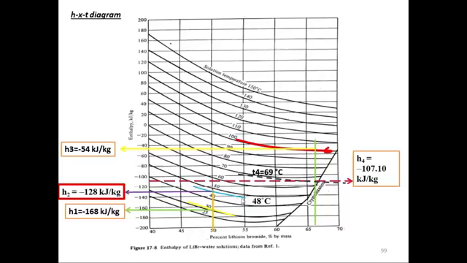So I draw this blue line representing 48 degrees centigrade, less than 50 and more than 40, so in between there. The concentration will still be the same, because it is the solution leaving the absorber, which has 50% solution. From here I can read the H2 value as minus 128 kilojoule per kilogram. So now we know H1, H2 and H3, the enthalpies of this solution at three different points.